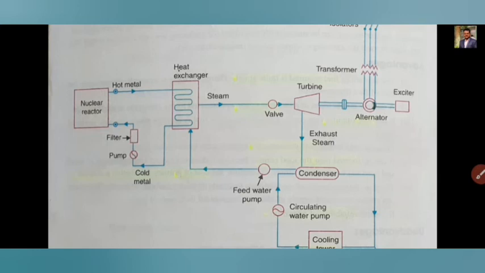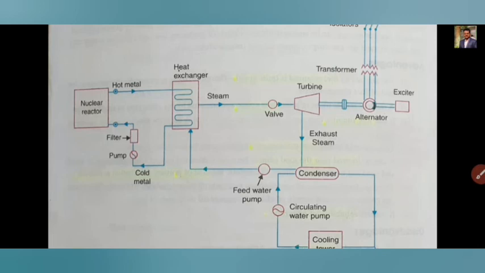So basically, we shall discuss its advantages. The fuel requirement is quite small in this power plant because it does not require a huge amount of fuel. If the fuel requirement is less, then the transportation of fuel to the plant is also less.